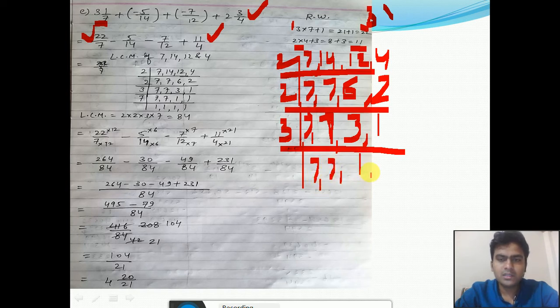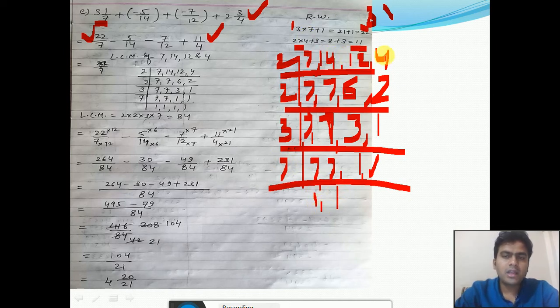Now only 7 is left, so 7 1s are 7. So the LCM of 7, 14, 12 and 4 equals 2 2s are 4, 4 3s are 12, and 12 7s are 84. So LCM is 84.